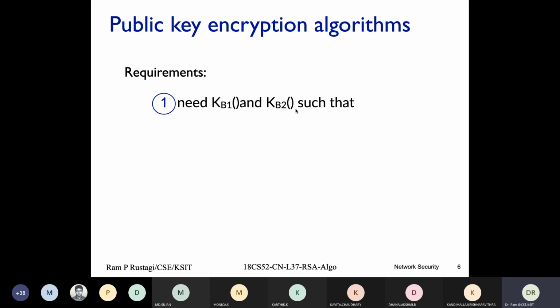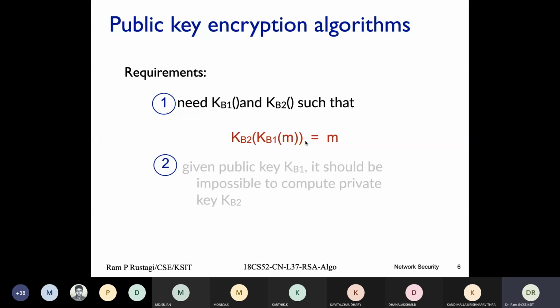Any pair of keys that meets the requirement works: one public, another private. The keys should be such that you encrypt using one key and decrypt using the other, and that gives the message. It could be the other way around as well, KB1 outside and KB2 inside, and that will still work.